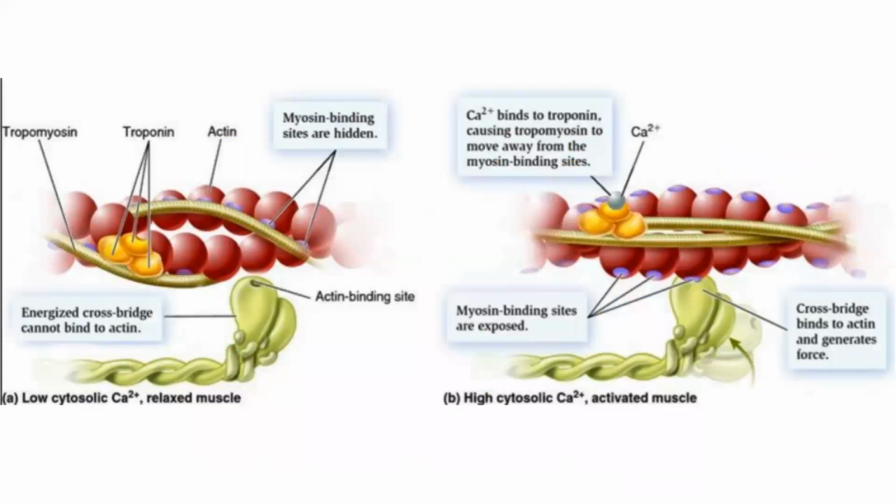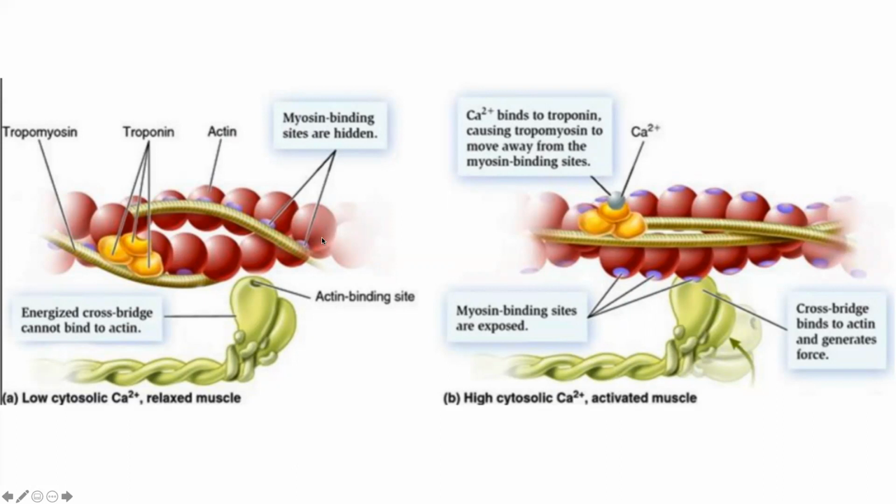Now on this side, this is the muscle in the relaxation stage. You can see the little beads of actin. They have a sweet spot where the myosin heads want to come and attach for muscle contraction. These sites are called myosin binding sites, and they are present on the actin.